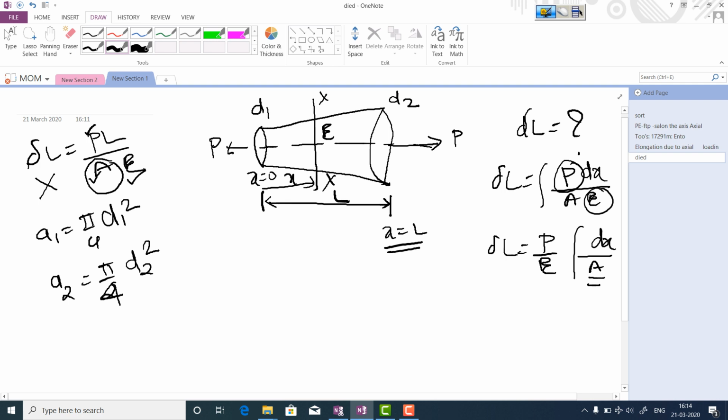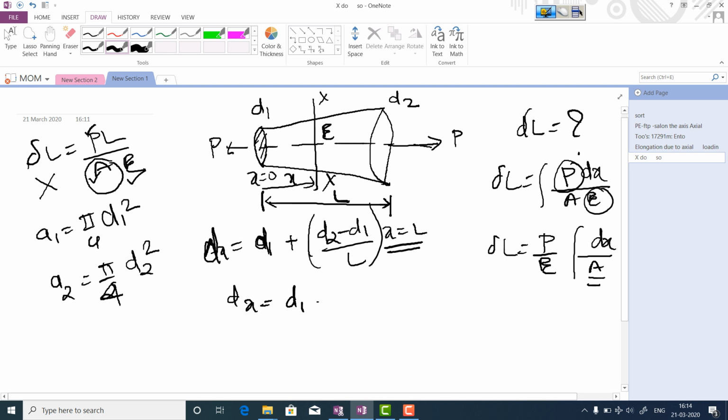Now the area at this section xx, area of x, first of all we will find out the diameter at this section xx. The diameter at this section will be d1 plus d2 minus d1 divided by L into x.